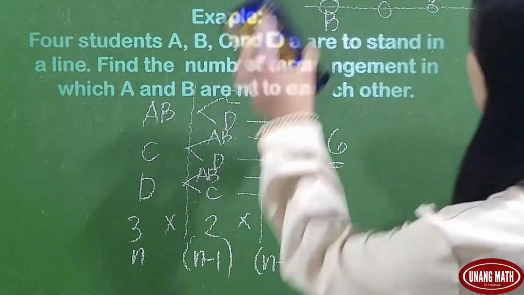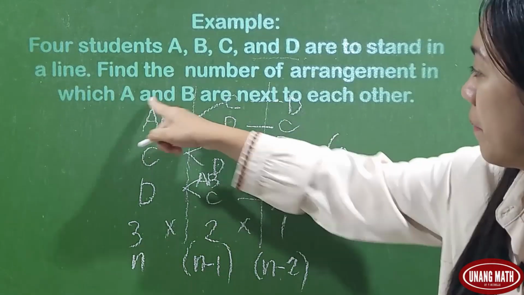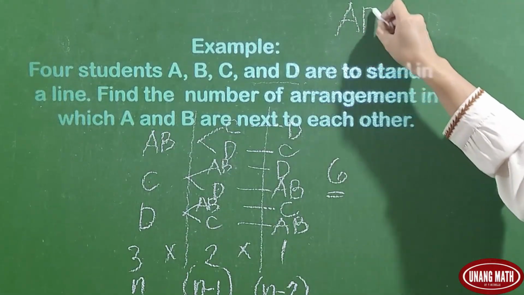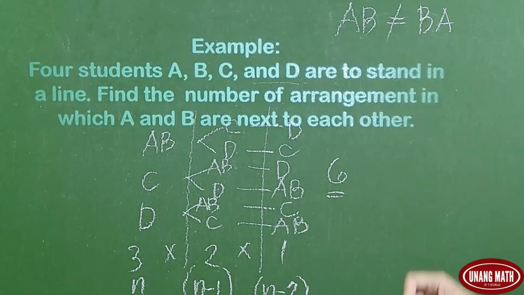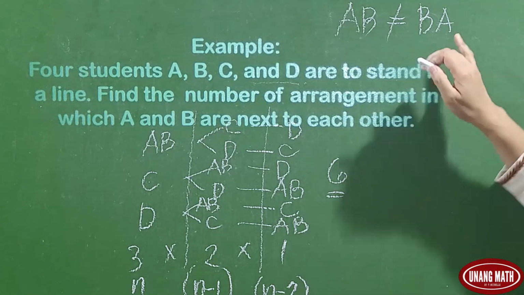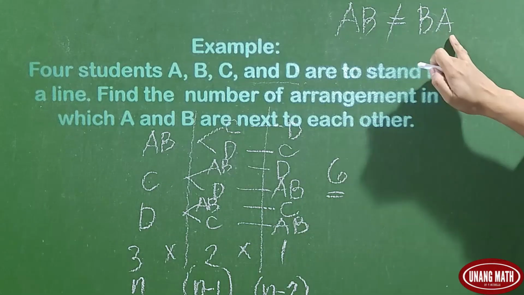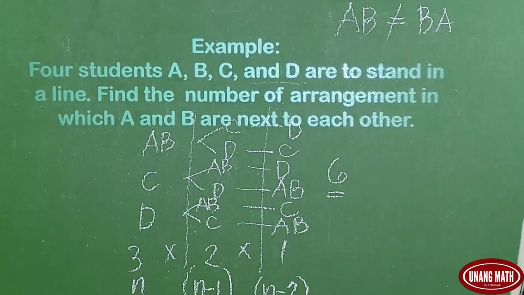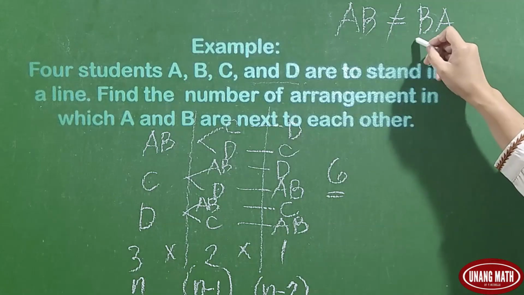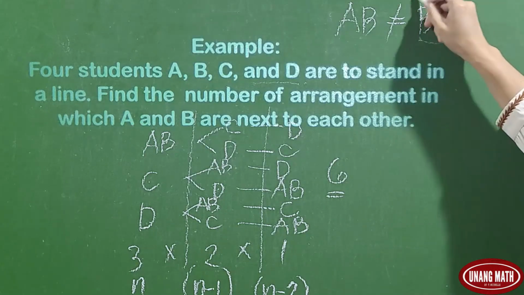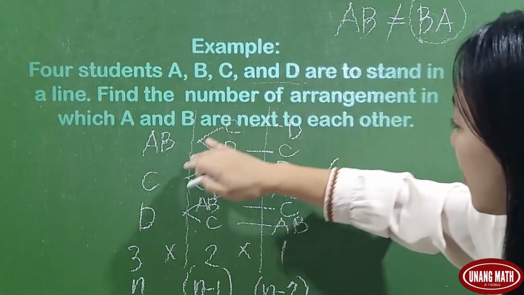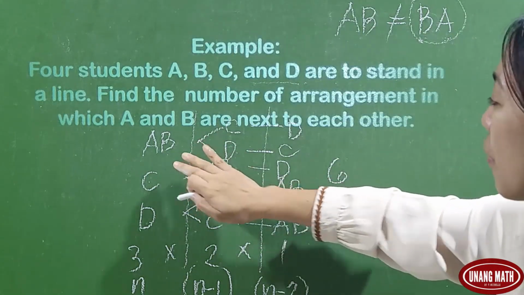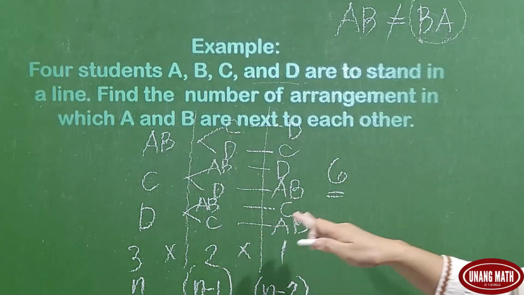But take note, AB and BA are not the same or not equal. Take note, when we say BA, they are also next to each other. So if we are going to group like this, we have to do the same thing. We have to find also the possible outcomes.